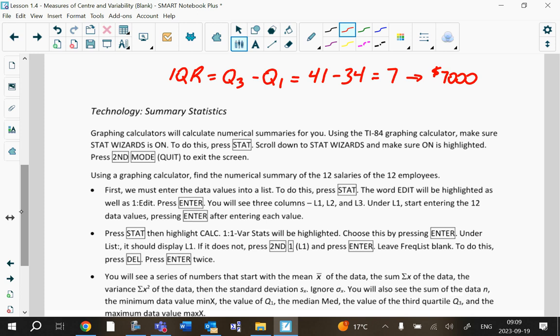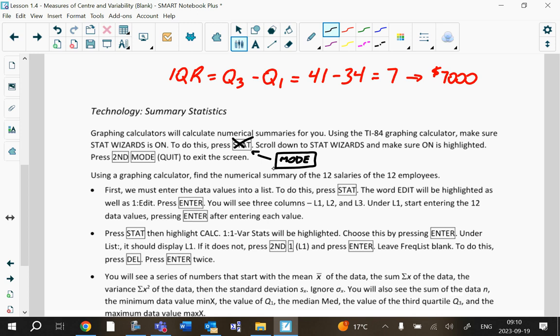Yeah, I'm wrong. So make this correction, please. This should be, press mode. I'm pressing mode. And then scroll down using the arrows until you see Stats Wizard. And it should be on.